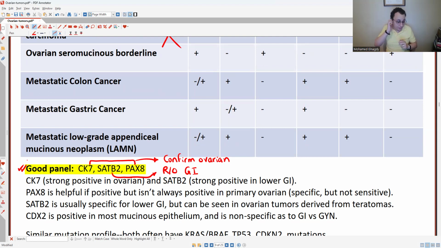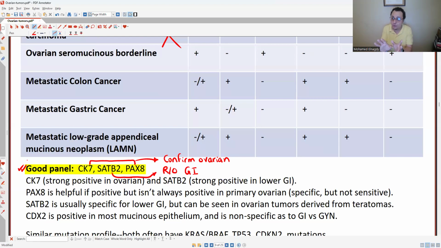The next question they will ask is, why do you order these three? You say, well, because CK7 and PAX8 would be strongly positive in ovarian. This confirms ovarian origin, especially PAX8. And then SATB2 is a common immunostain that rules out GI, or it's usually positive in the GI. It's positive in stomach, appendix, and colon.